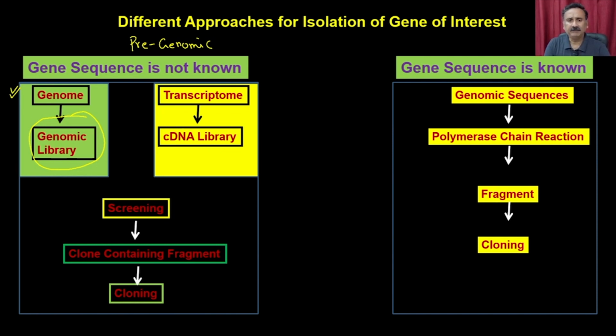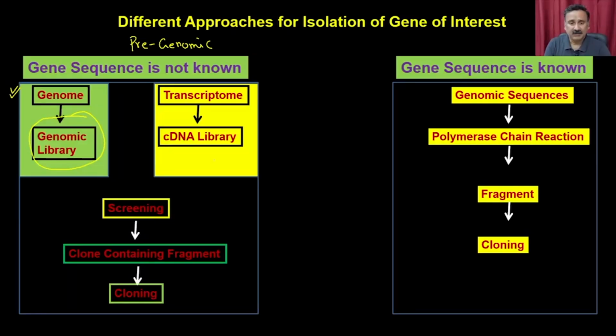Whereas if the protein is getting expressed and you have some tools, such as an expression construct or antibodies, and you want to screen the expression clones, then you have to isolate the transcriptome. You first isolate the messenger RNA, and from the messenger RNA you prepare cDNA, and that cDNA you clone into a suitable vector, and that gives you the cDNA library.